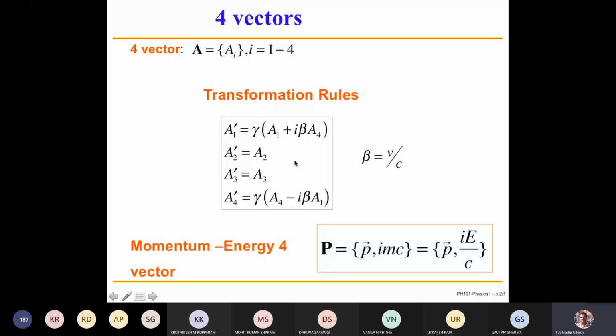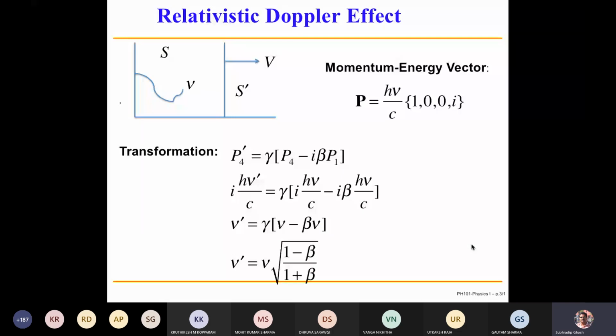From there, we generalized it that for any four vector, these transformation rules are valid, and we ended up getting another important dynamical quantity, that is the momentum-energy four vector, whose first three components are the three spatial momentum components, and the fourth component is the energy. So the first example today I'm going to show is that the relativistic Doppler effect can be easily derived through three-four steps. So here is the thing.